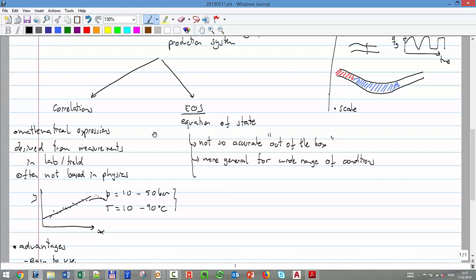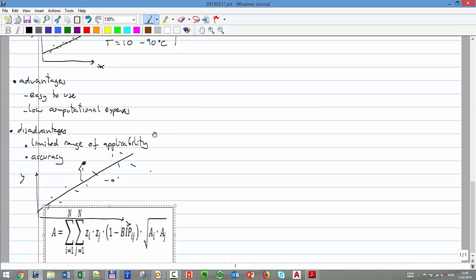But they are usually customized with experimental data, and typically this is done by adjusting the default BIPs, binary interaction parameters, and I'm just going to put the equation here.